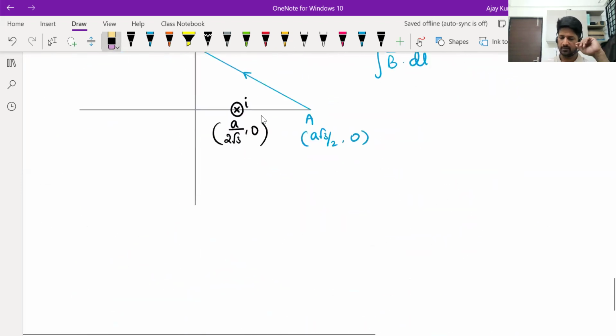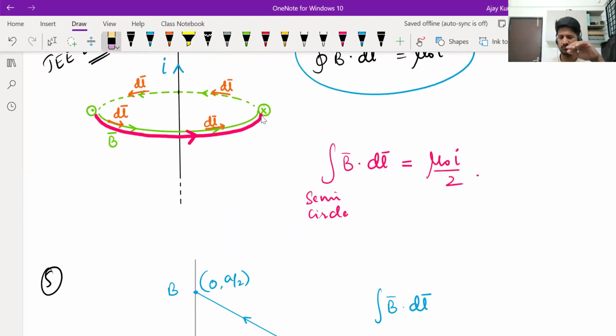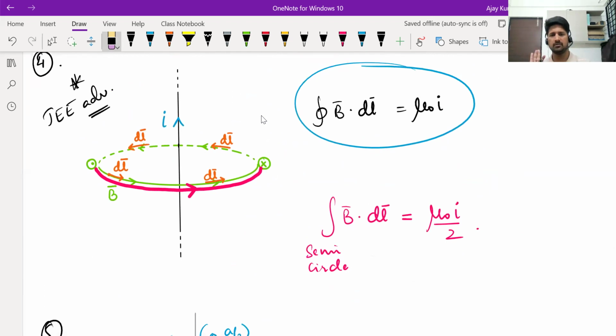Now here we have that problem. For the circle, we know the answer. For the full circle, it was mu naught I. So for the half circle, we could say it is mu naught I by 2. Is the answer mu naught I only valid for circular loops or for any loop?